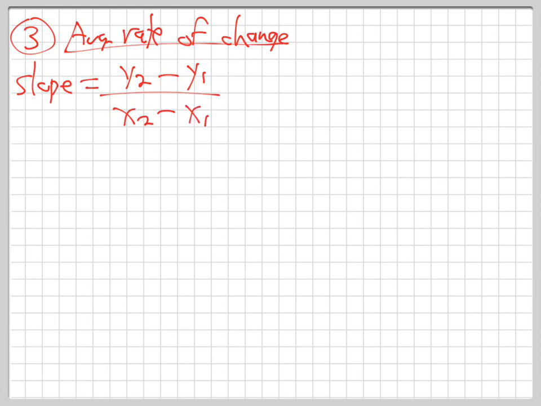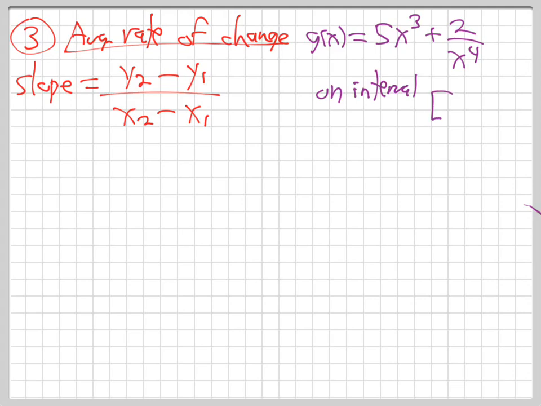They give us the function on number 3. They say g of x equals 5x cubed plus 2 over x to the 4th, on the interval negative 3 to positive 3.